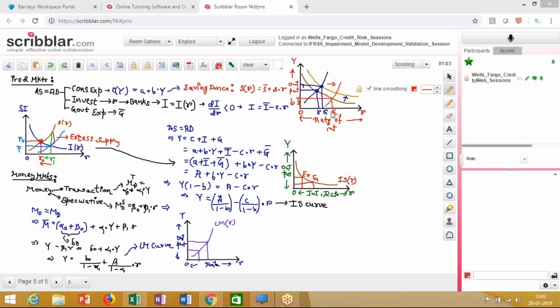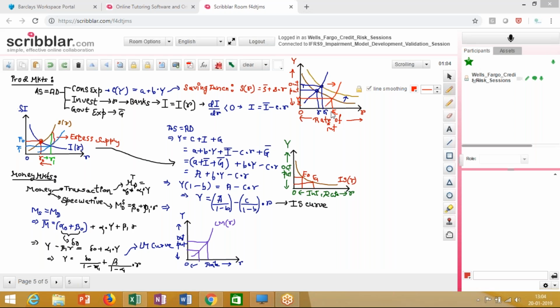Because what you see over here is that the higher the rate of interest in the economy, the higher is the default rate, right? But that is when there's a movement along the demand curve. If there's a shift of the IS curve, in such a case, this challenge does not really hold.